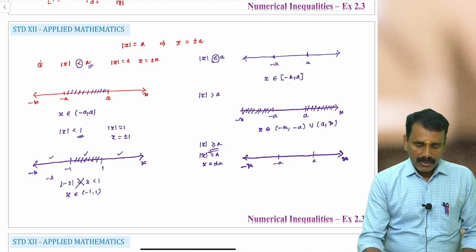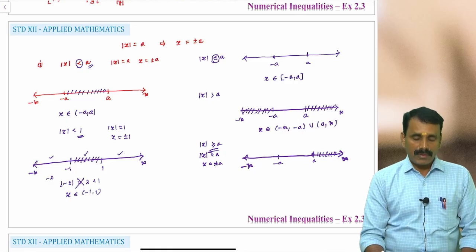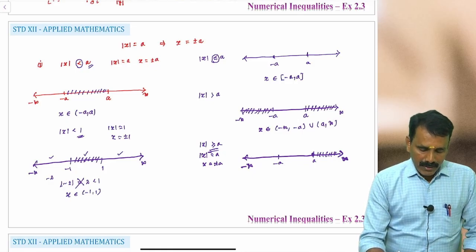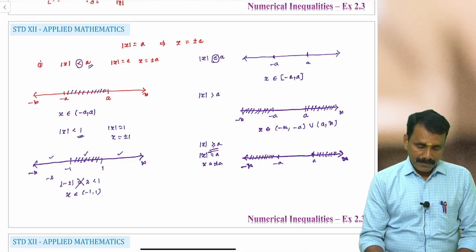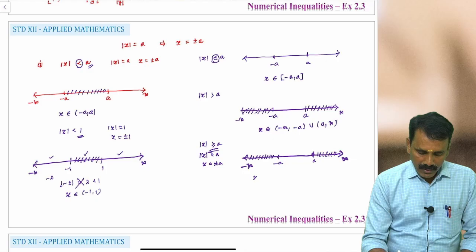Then it is going to lie on the right side of a, and the endpoint is included. And for the next part, when you apply modulus, it will be greater than a. So the solution set will be now x belongs to minus infinity to minus a union a to infinity.